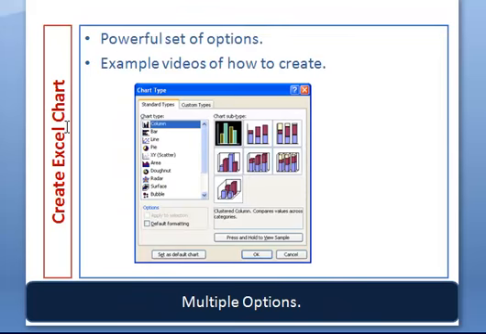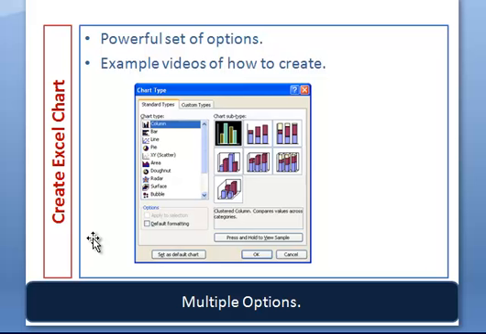So let's get right into creating an Excel chart, which again, there'll be lots of example videos that'll show you how to do it, but it's a very powerful set of options. So you highlight your area, you say insert, and you can pick from all sorts of chart types: column charts, pie charts, line charts, bubble charts, almost infinite, and you can do 3D, etc. And the examples will show you how to do all of those charts.